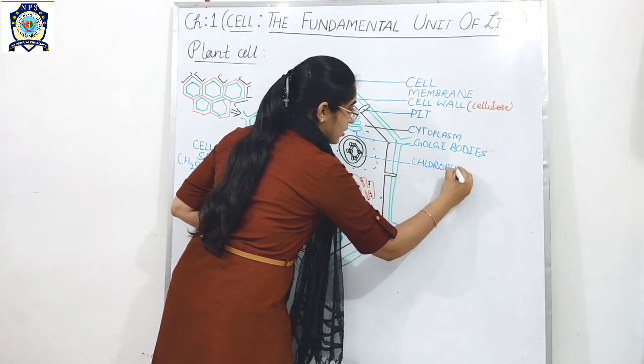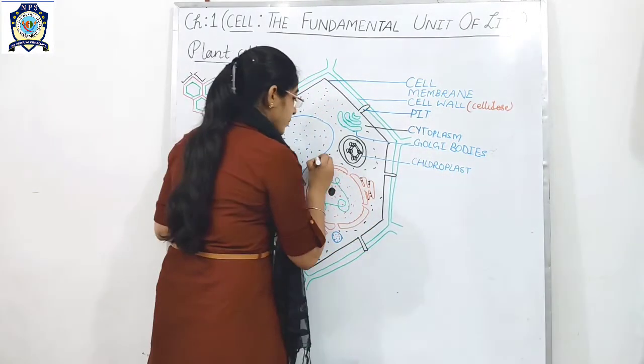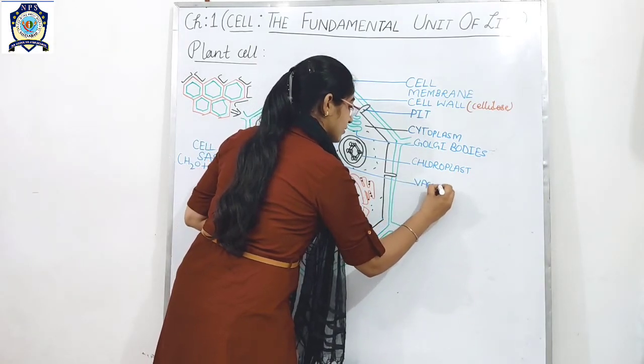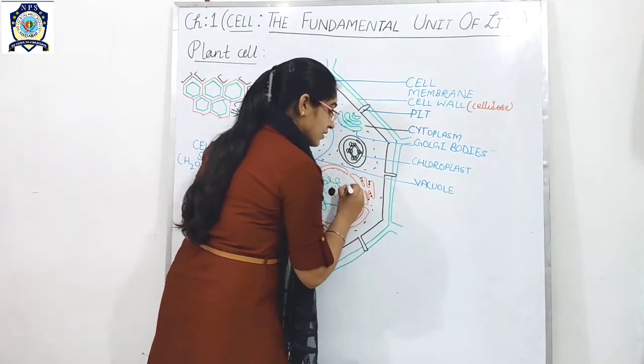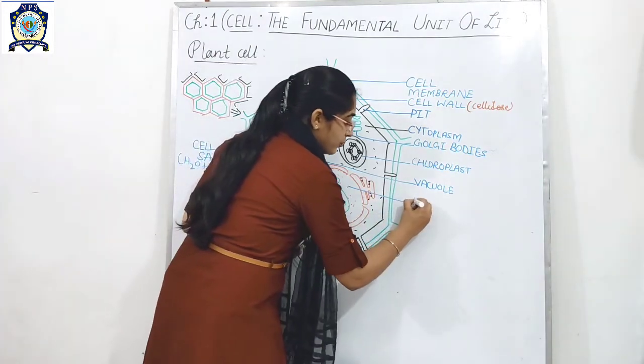So this one is the chloroplast, and this portion is called the vacuole. Okay, and this one is the nucleoplasm.